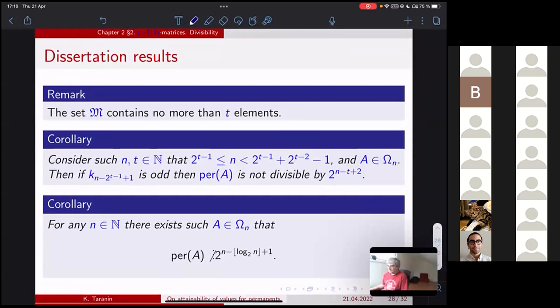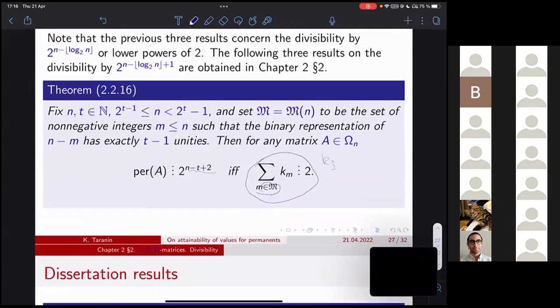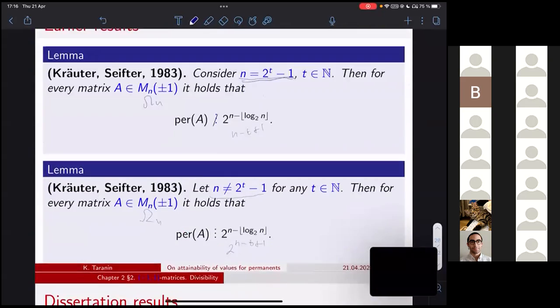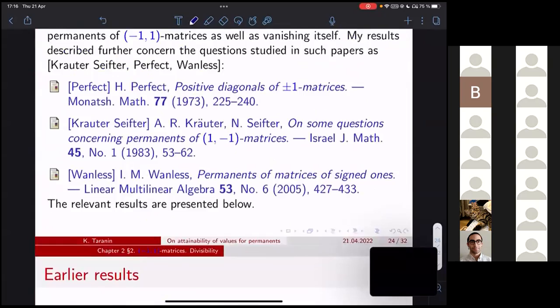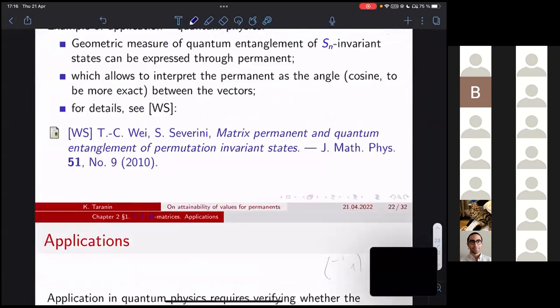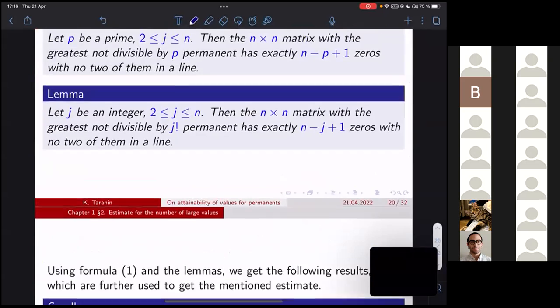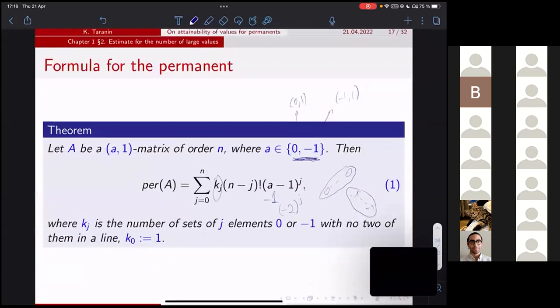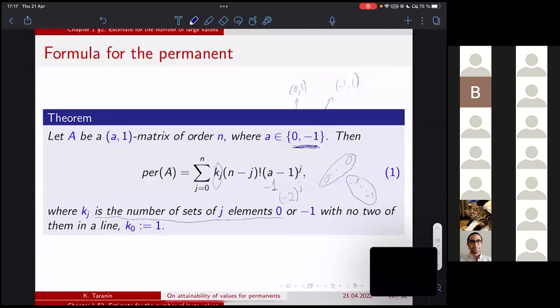Like, for instance, what is k with index m? Yeah, okay. K with index m is the number of sets of m elements -1, such that they are situated like on the diagonal.